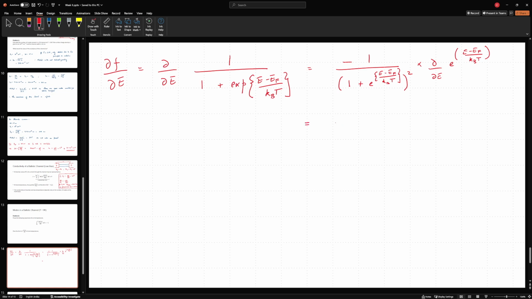So this is going to be minus 1 divided by 1 plus e to the power E minus EF upon KBT, whole squared, into e to the power E minus EF upon KBT into 1 by KBT. So this is the whole derivative.